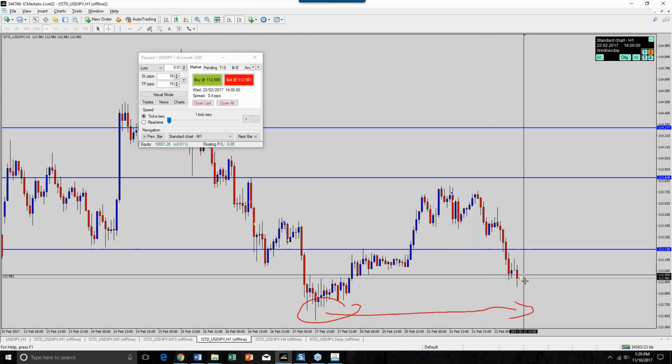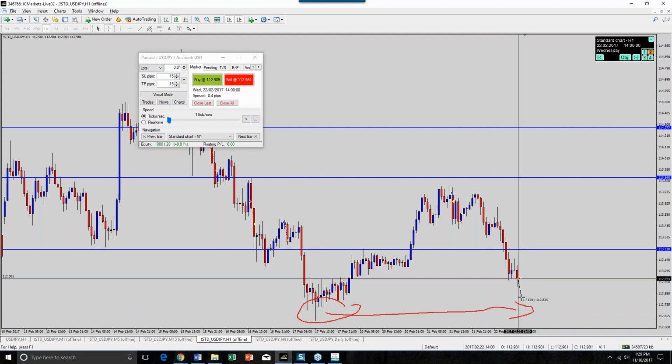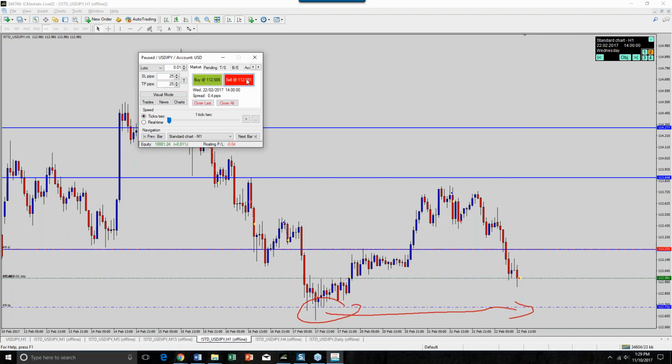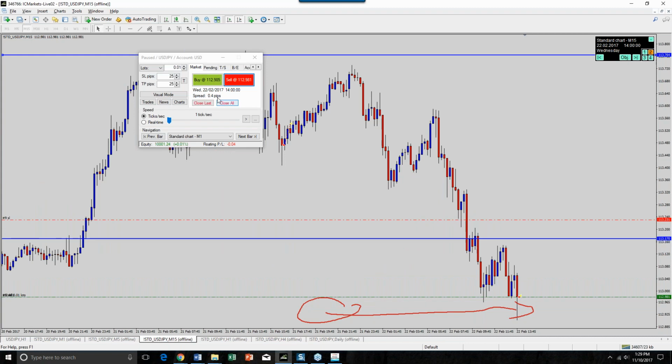So when we go from this level here to, so 25 pip gain, 25 pip stop. Okay, so that's what we're looking for. That's what I'm aiming for with this trade, and that's what we should be hitting in terms of the trade itself.